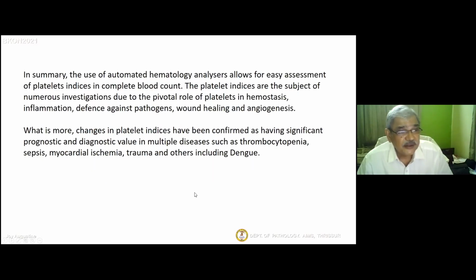Now, in summary, automation allows easy access to platelet indices in a complete blood count. The platelet indices are the subject of a large number of papers and investigations because of the role of platelets in hemostasis, inflammation, defense against pathogens, wound healing, and angiogenesis.